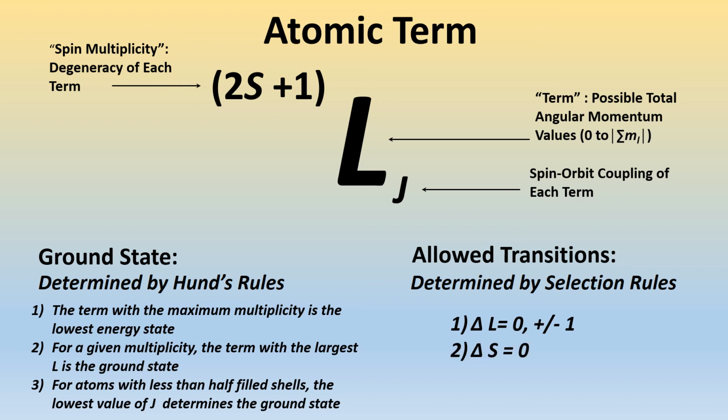Since electrons have spin values of a half and are fermions, they cannot absorb a photon. Therefore, delta S has to be 0. And finally, since J equals L plus S and S has to be 0, an allowed transition can only have a delta J of 0 plus or minus 1.